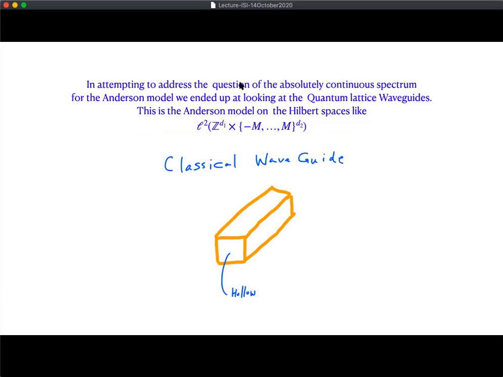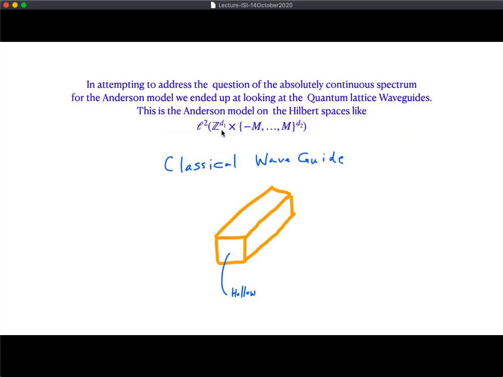So in attempting to address this question of absolutely continuous spectrum for the Anderson model, we ended up looking at quantum lattice waveguides. This is nothing but the Anderson model on a Hilbert space like this: you take L2 of Z^d, the d-dimensional lattice, and split it into two parts.